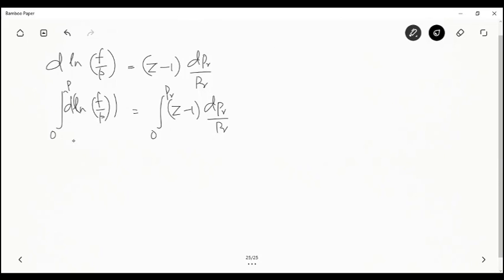So what we get here is log of f by P, okay, is equal to this integral. Since this integral can be performed, this is nothing but log of phi, which is the fugacity coefficient.